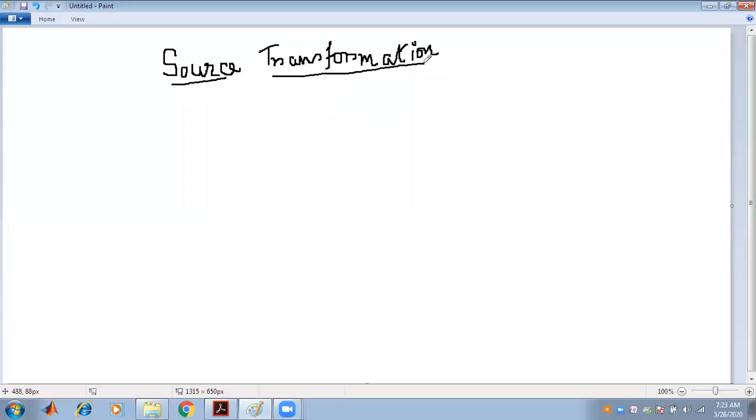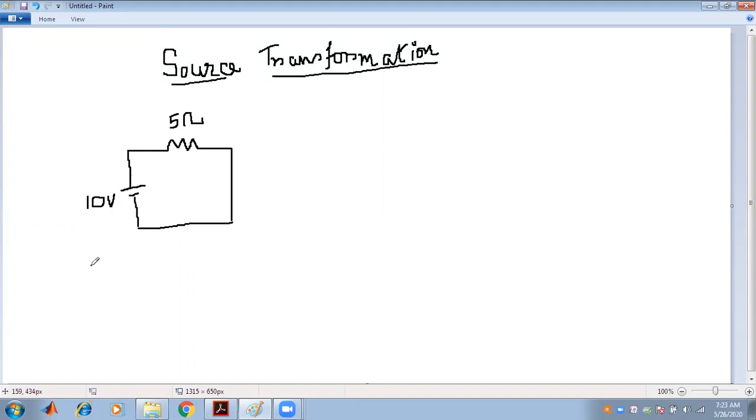First, let us take a circuit having a voltage source and a resistance. Say this is a 10 volt source and this is a 5 ohm resistance. How much current is flowing through the circuit?